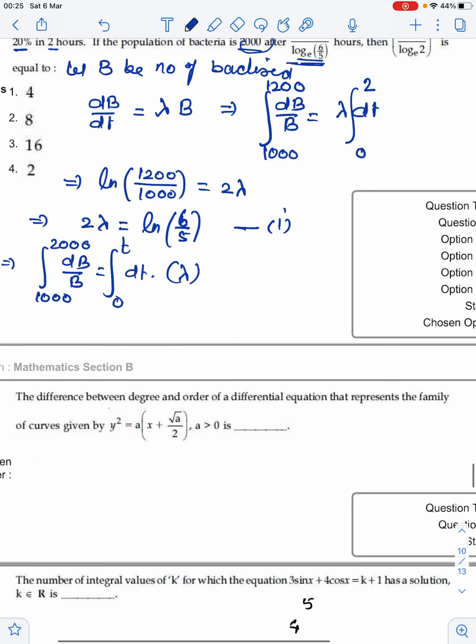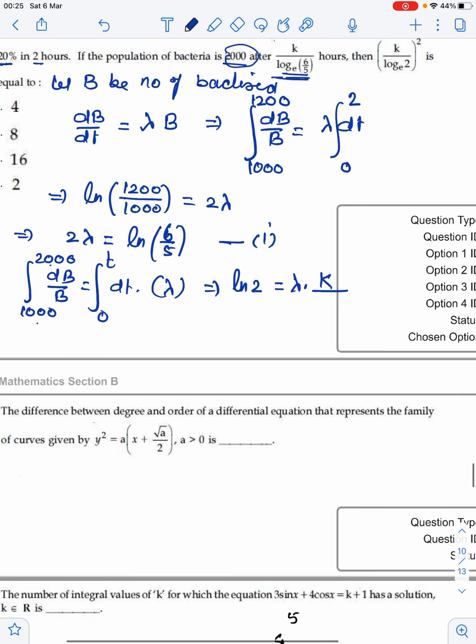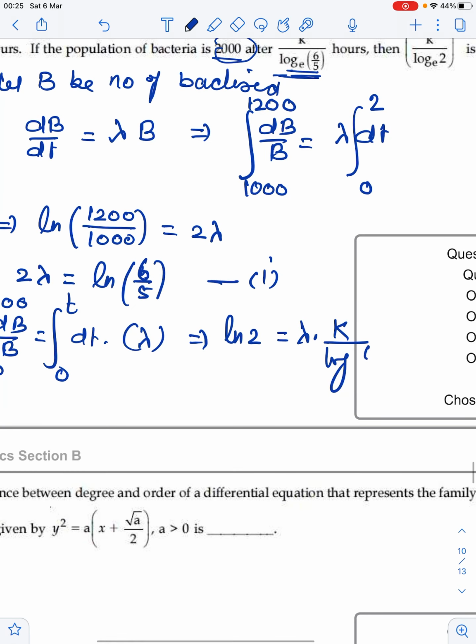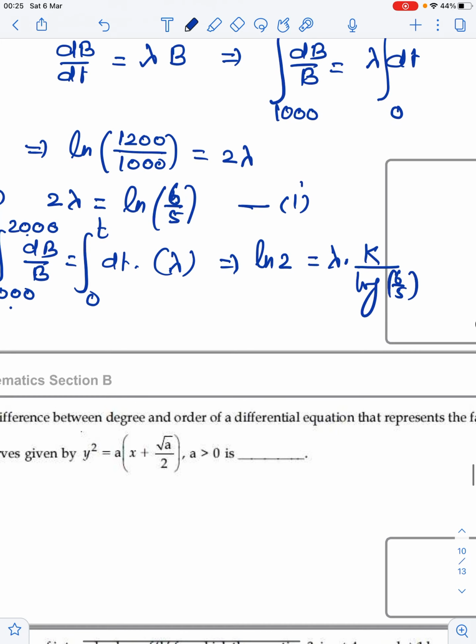So from here we have another relation. T is the value they have given. So here ln of B at 2000 upon 1000, that is ln2. So ln2 is equal to lambda T. So lambda into T, T is given as K by log of 6 by 5. Correct?